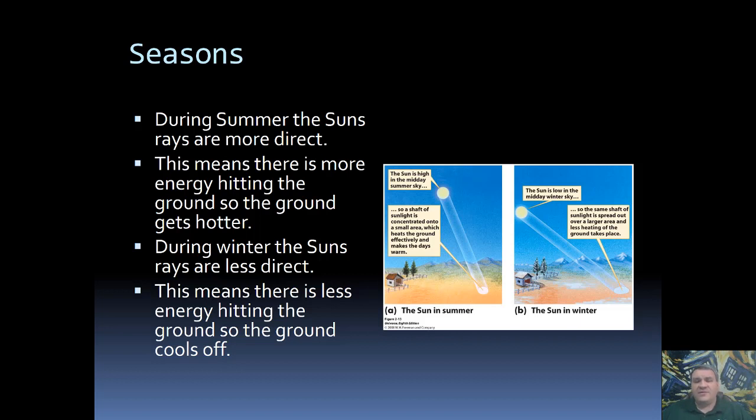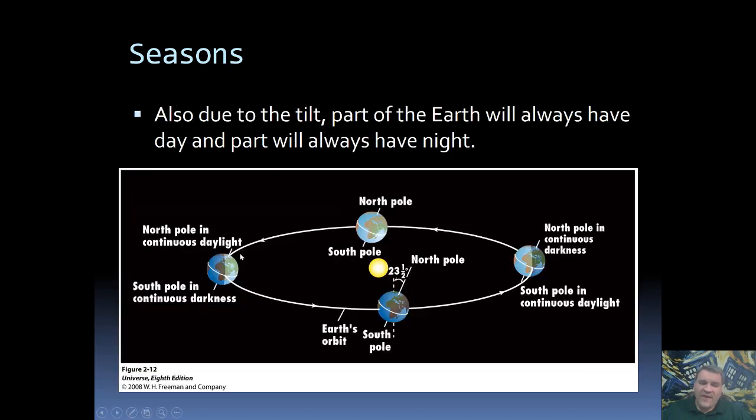Now, because of the tilt of the Earth, the position of the Sun in the sky is going to change. Okay? If we're in the hemisphere that is tilted towards the Sun, it is going to be higher up in the sky. If we're in the hemisphere that is tilted away from the Sun, then it's going to be much lower, closer to the horizon.